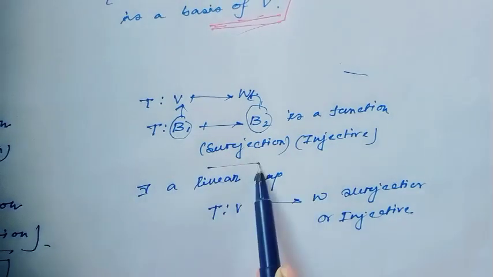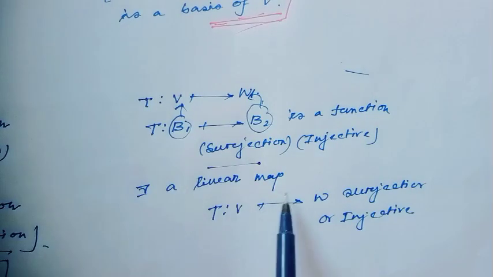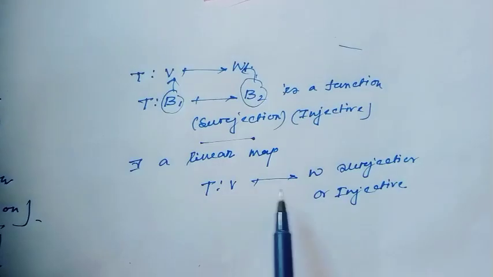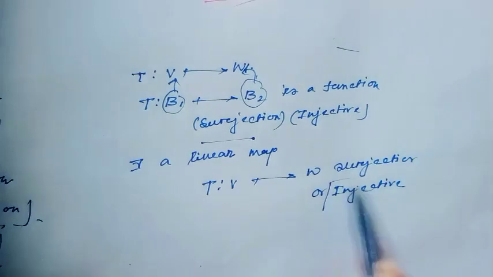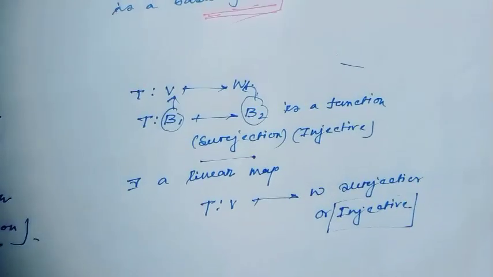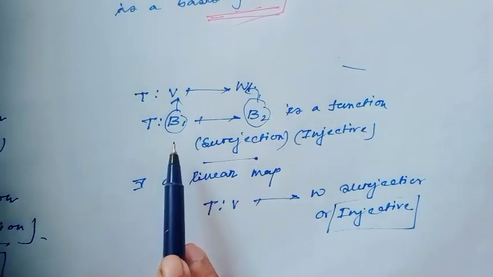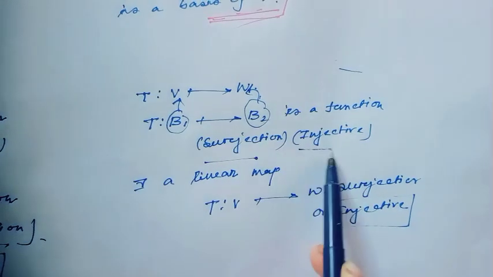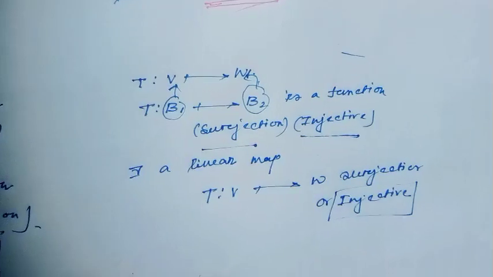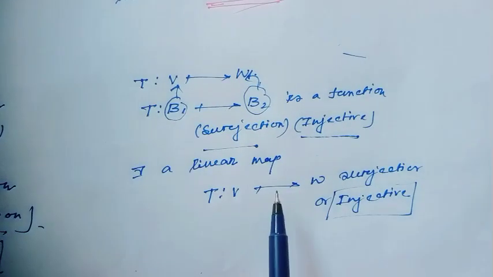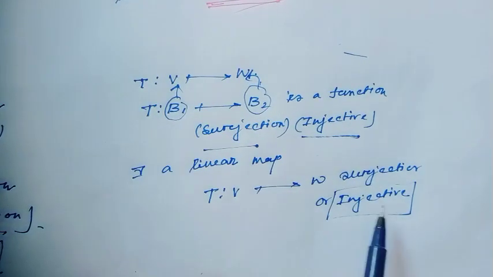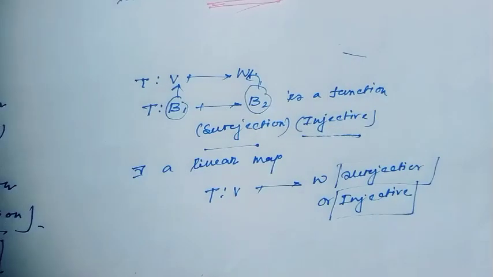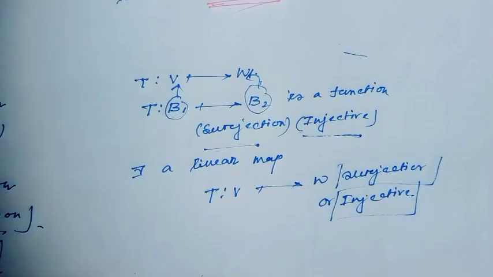If this is surjective, then obviously there exists a linear map T from V to W which is surjective. Also, if there exists a map from beta 1 to beta 2 which is injective, then obviously there always exists a linear map T from V to W which is injective. This type of concept I will use here.